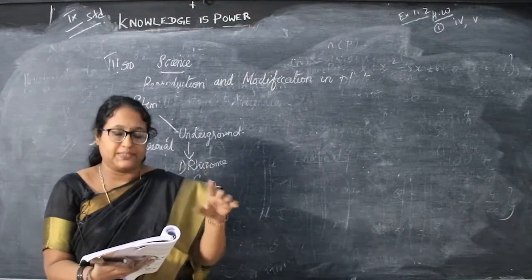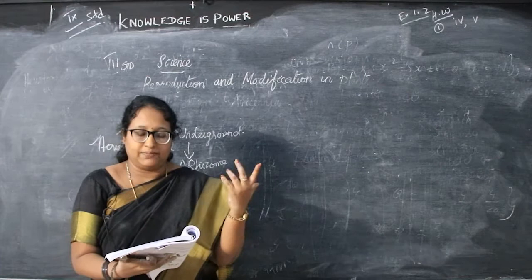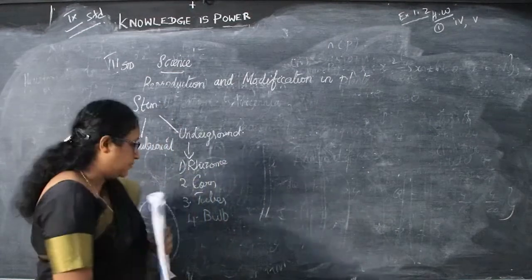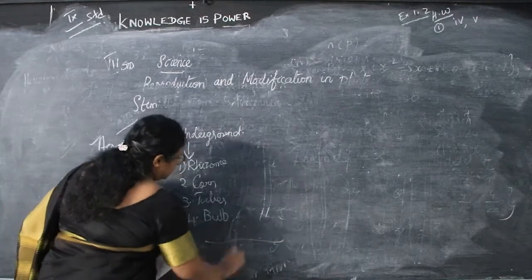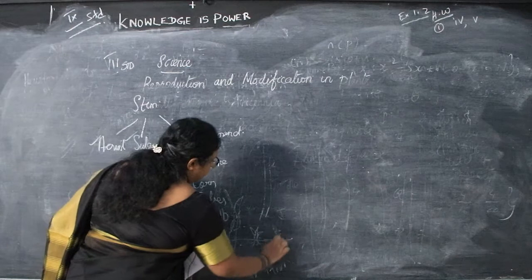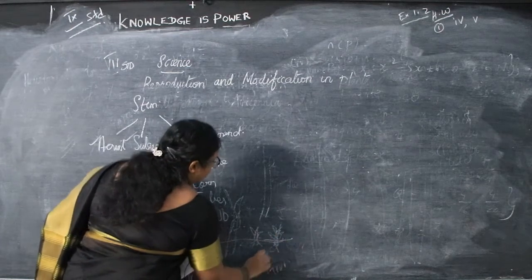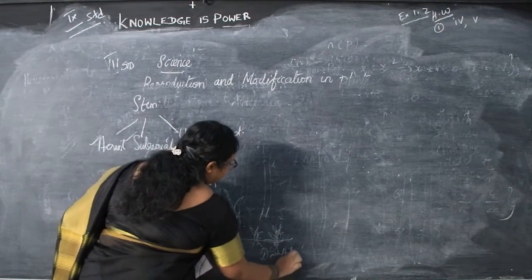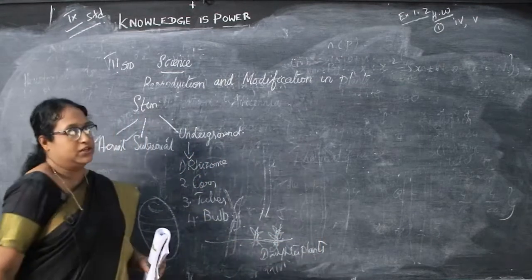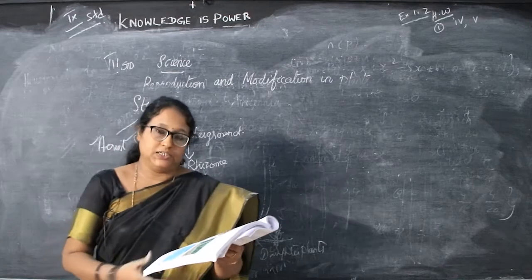Daughter plants also arise from these buds. So these are the daughter plants which arise from the buds. So this is a corm. Example, colocasia. Next is a tuber.